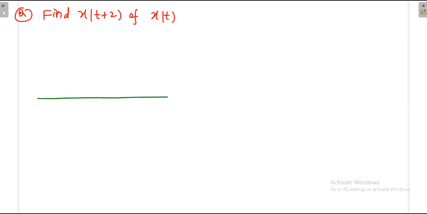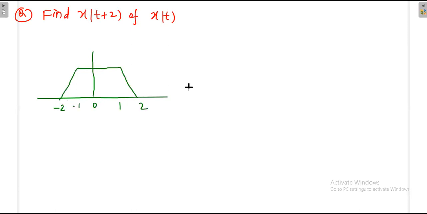Then the question is how to find x of t plus 2, given x of t. They have given the x of t like this: minus 2, minus 1, 0, 1, 2.